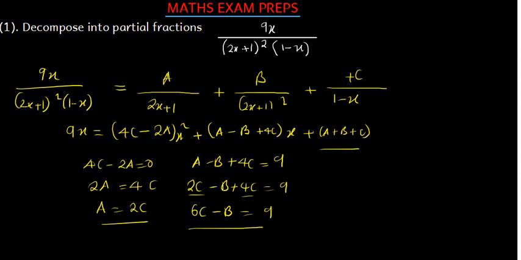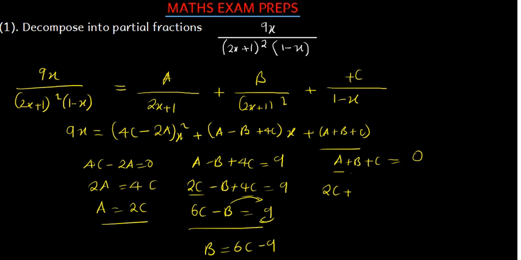Then we go to the last one here, A plus B plus C is equal to, we don't have any constant this side, so that is going to be equal to 0. So where there is A, we are going to put 2C plus, here I could have as well made B the subject of the formula by saying take B this side, take 9 this side. So B is going to be equal to 6C minus 9.